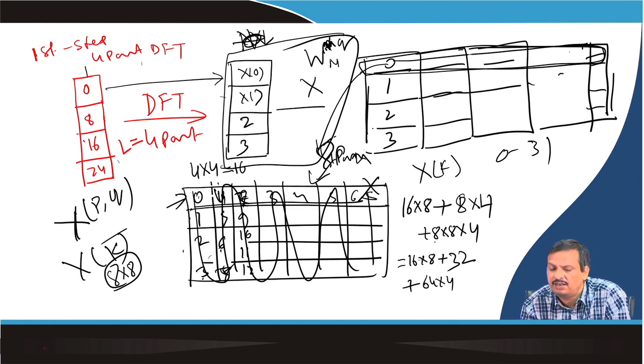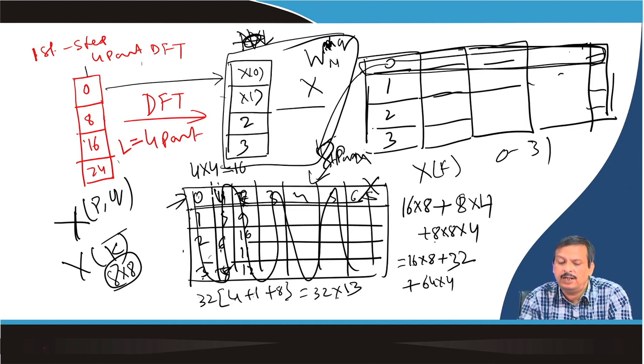If I take the 32 out, then 16 into 8 becomes 4, plus 1, plus 8. So it is nothing but 32 into 13.